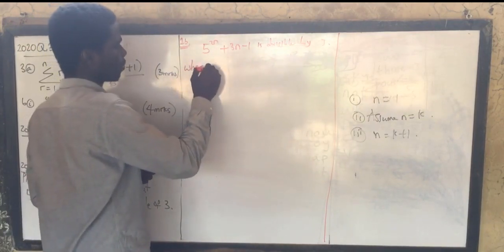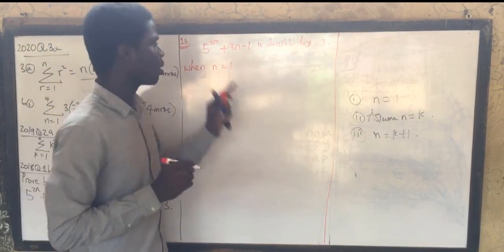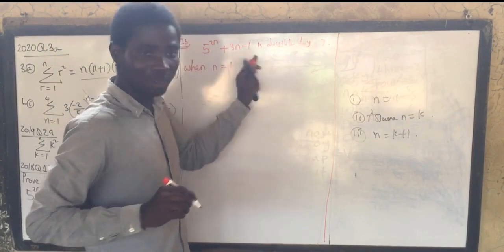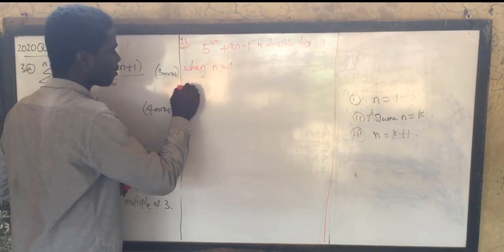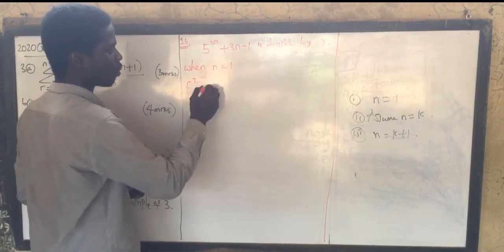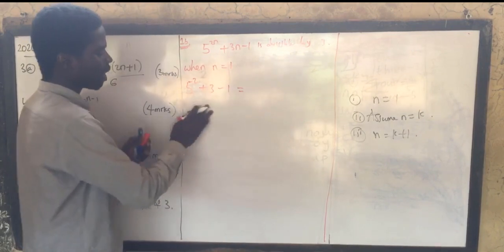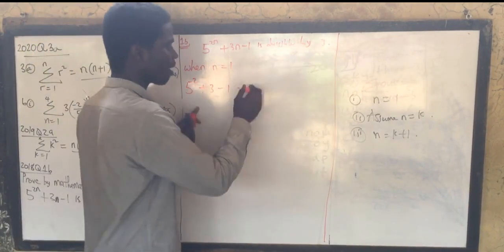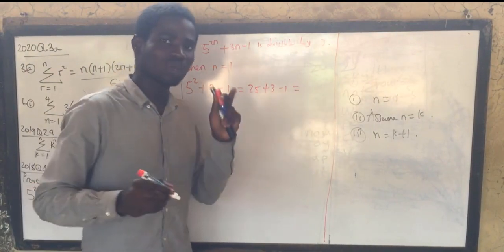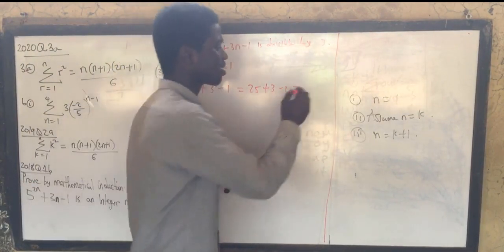When n is equal to 1, put it here. You will prove that 3 can divide the answer you get. So you will have 5 raised to power 2 times 1, which is 2, plus 3 times 1 is 3, minus 1. 5 raised to power 2 is 25. 25 plus 3 is 28. 28 minus 1 is 27.